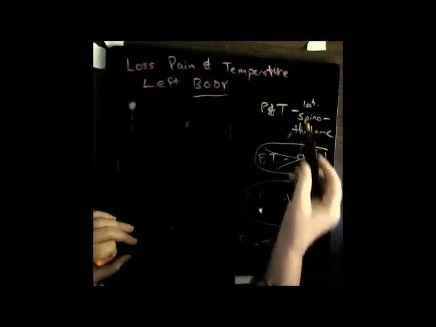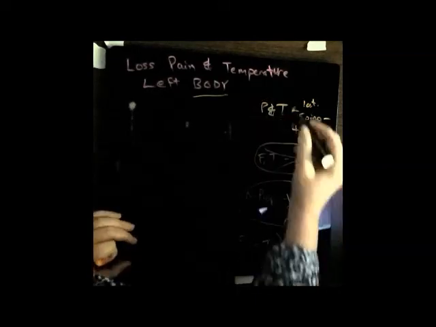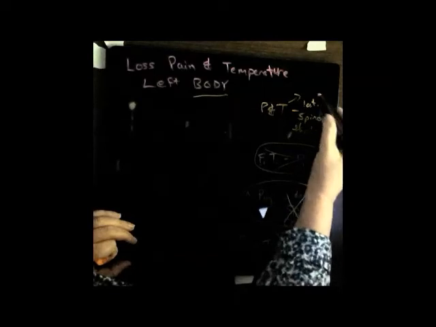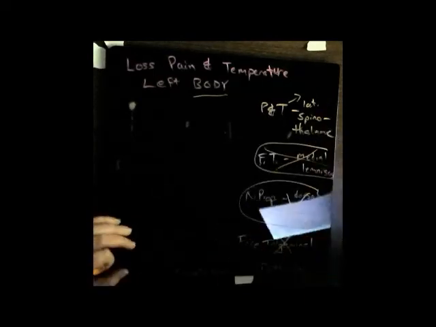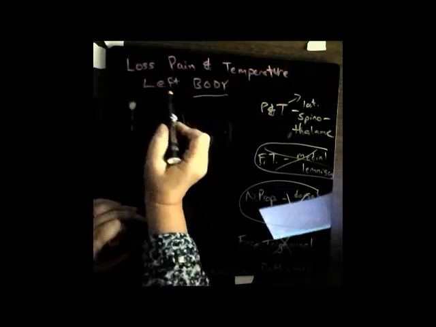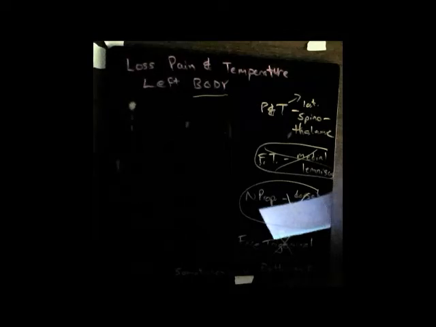Okay, so now I've narrowed it down to somewhere within the pain and temperature pathway. Somewhere within this whole pathway. This is the major tract name, but is it actually in that tract, or is it somewhere else? Well, one thing we can look at is that I said it was the whole body, so it's not focal. So in theory, you could have a lesion of, for instance, ganglia, right?